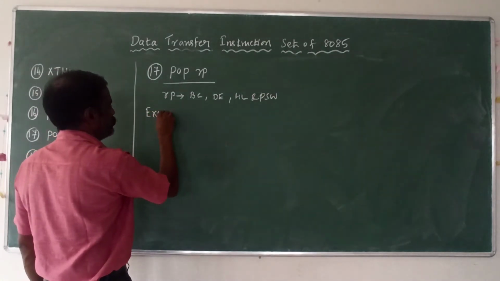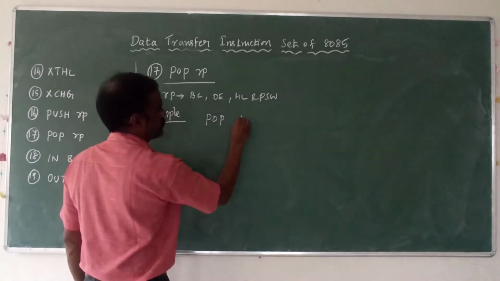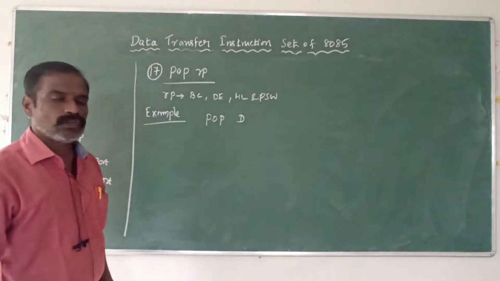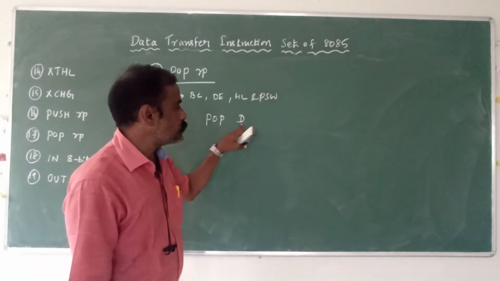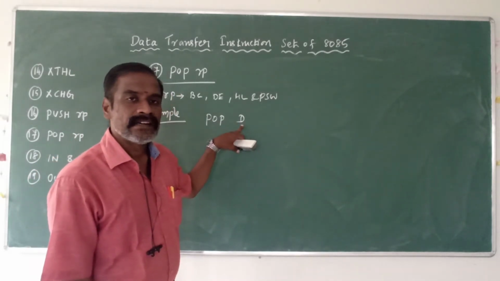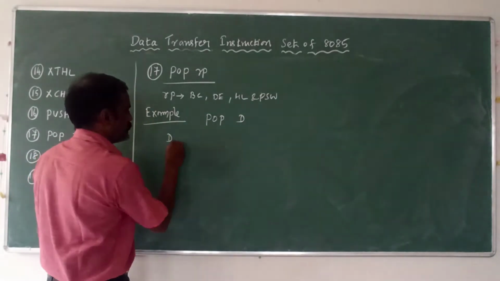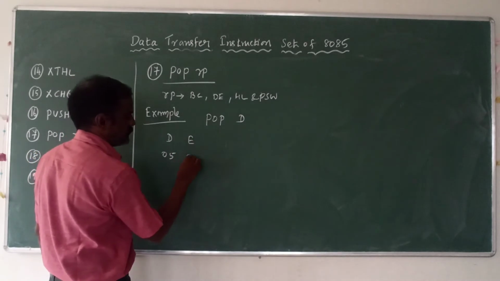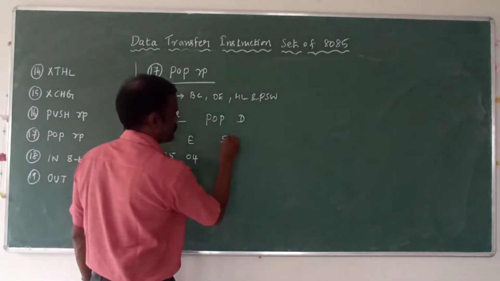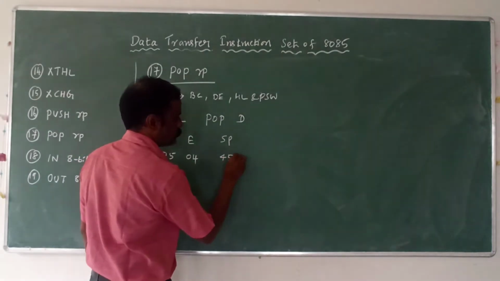Example, pop D. Now to retrieve the stack data to the given register pair DE. Here in DE, register D is 05 and register E is 04. Now the stack pointer address is 4500.